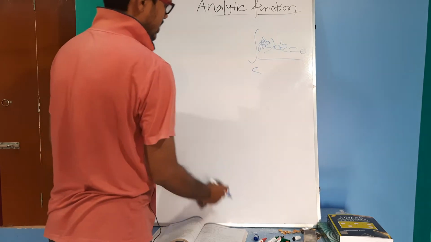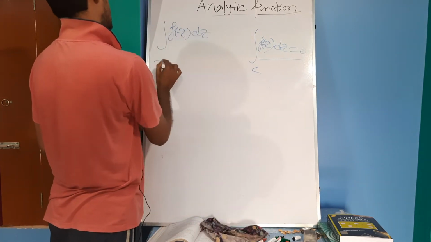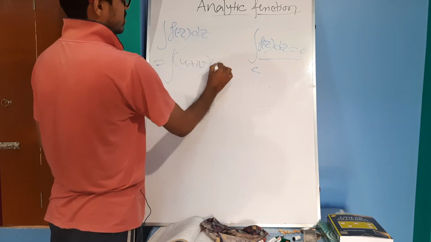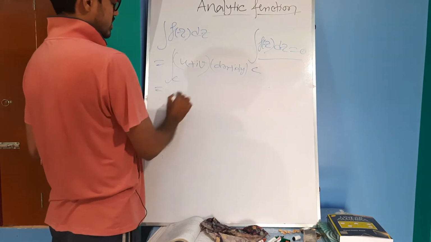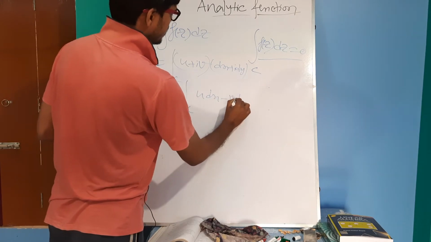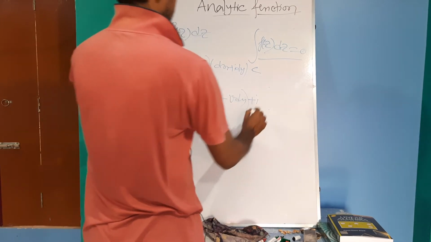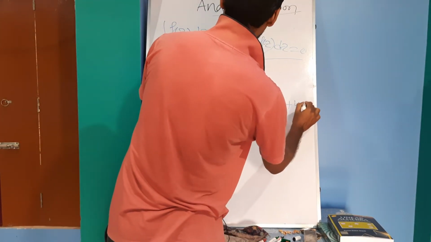Just take the integration of f of z dz, with f of z equal to u plus iv and dz equal to dx plus i dy, over C. So the integral over C of u dx minus v dy, plus i times the integral of v dx plus u dy.